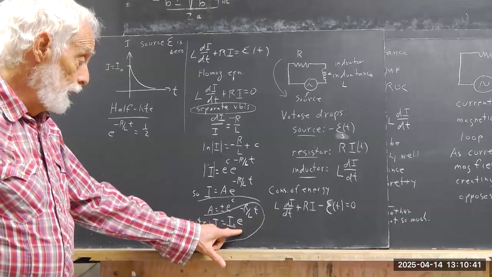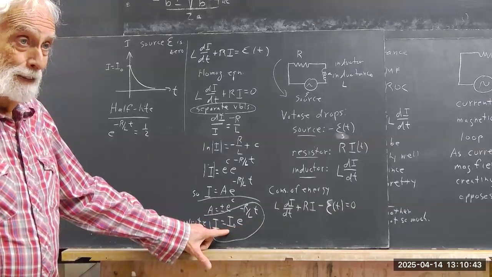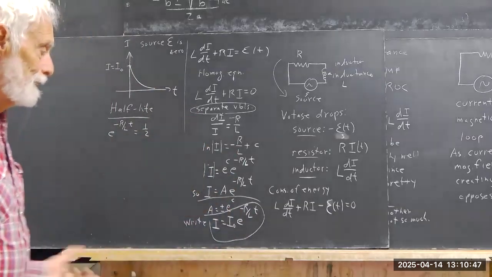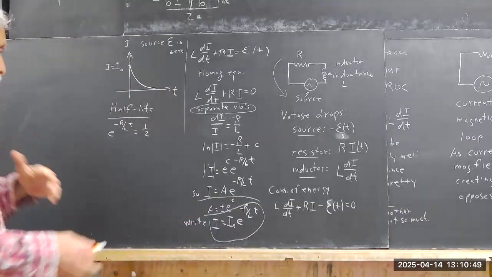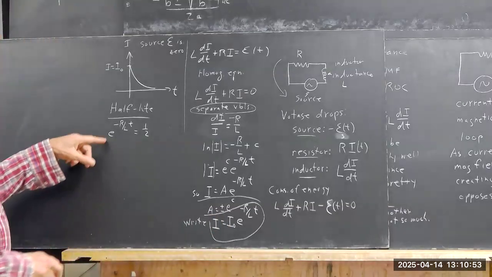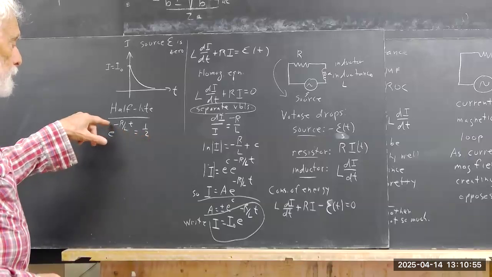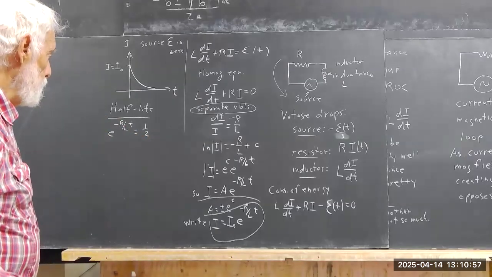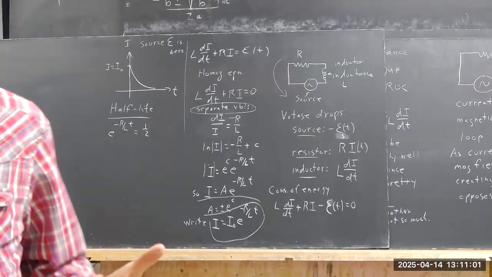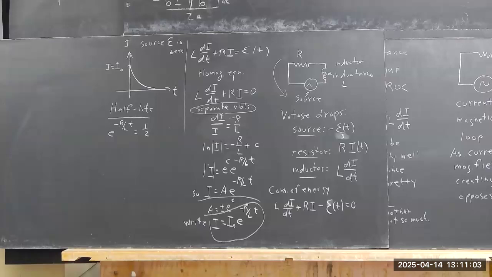Because if this factor is 1/2, you're going to get half of I naught. Okay? And if you have a different t, well, it's easy to get there too. I'm not going to go through the arithmetic of it. It's pretty obvious. Okay? But we get e to the negative R over L t equals 1/2. How do we solve this? Can you tell me, as soon as I pause the video, how we solve this?